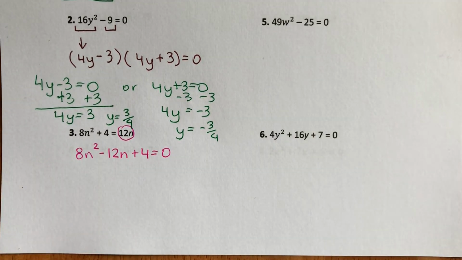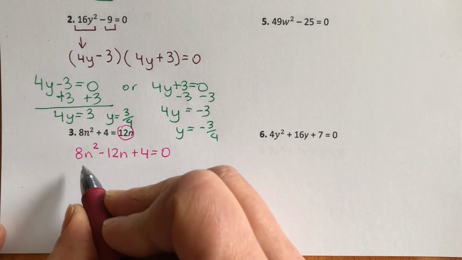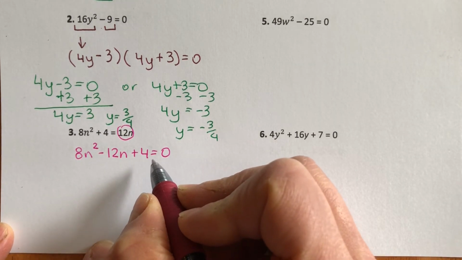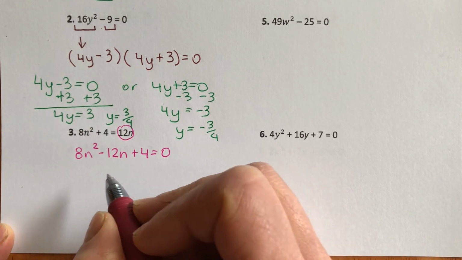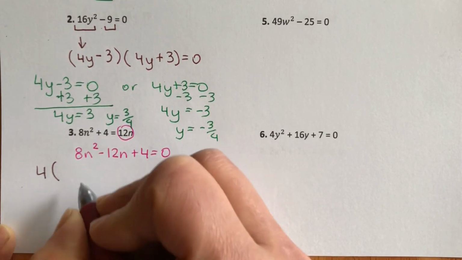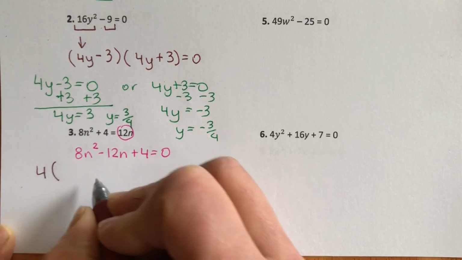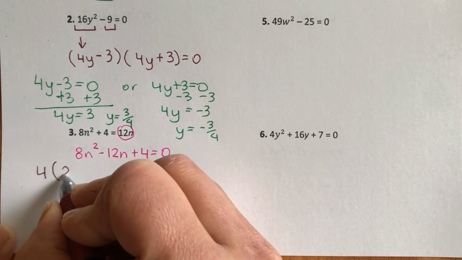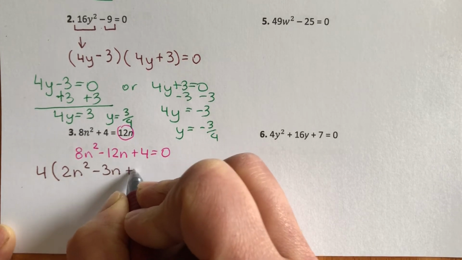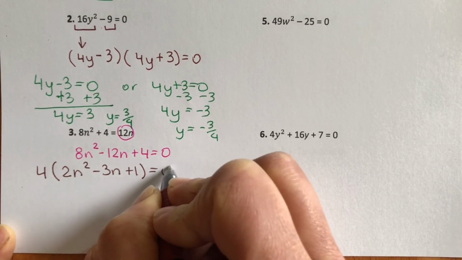Now I completed the first step, where I have all the terms on one side and 0 on the other side. Now I need to think of how to factor this. I have 8, I have 12, and I have 4. I see that the greatest common factor is 4. I want to make this example simple, so I am going to take that out. If I factor 4 out, I will have 2n squared minus 3n plus 1 is equal to 0.